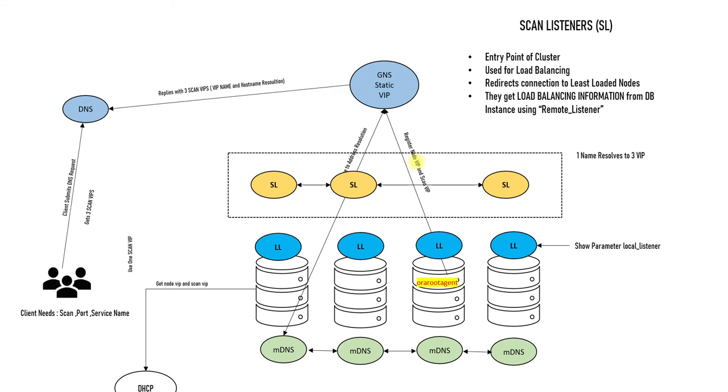Now, as we all know, the scan listener is the entry point of the cluster, okay. We have understood about MDNS, the Aura root agent, the GNS, and the DNS functionality. Now the scan listener.